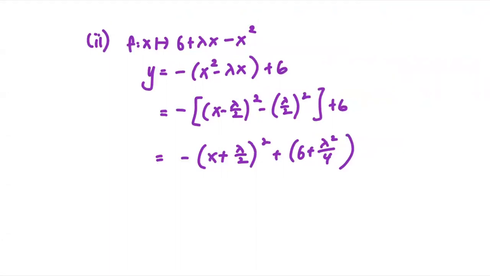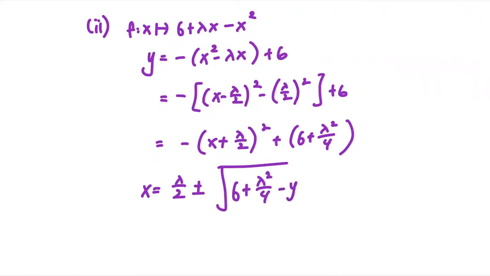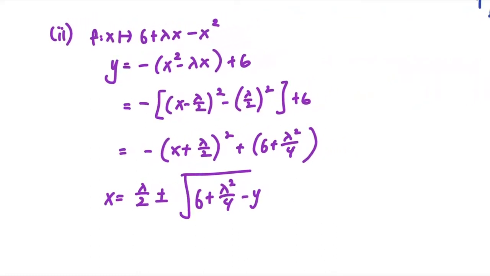And now we need to make x the subject of the equation. So we'll rearrange this. We get x equals to lambda over 2 plus minus the square root of 6 plus lambda square over 4 minus y. So the question is this, which do you reject?